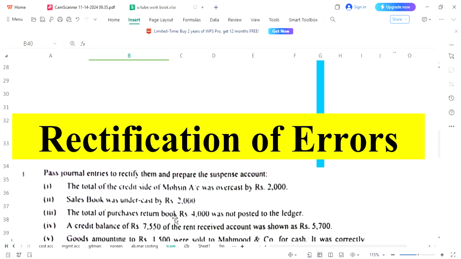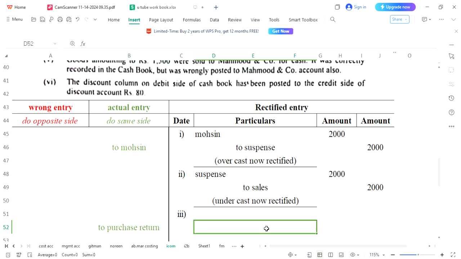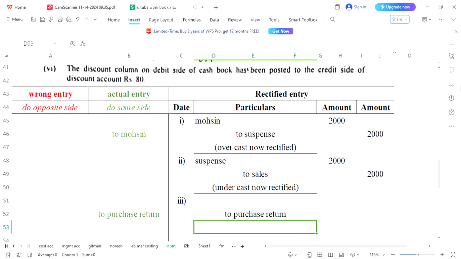That means this entry has been skipped. You have not written the purchase return book. Purchase return was supposed to be written on credit and we have not written it. The solution is very simple. If we have forgotten it, now we remember it, so you can write it on the same side. So purchase return would be written on the credit side.